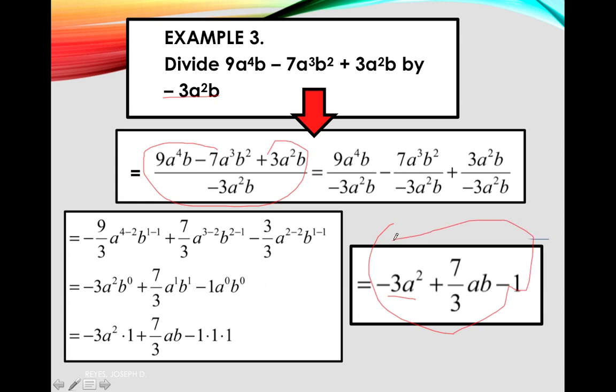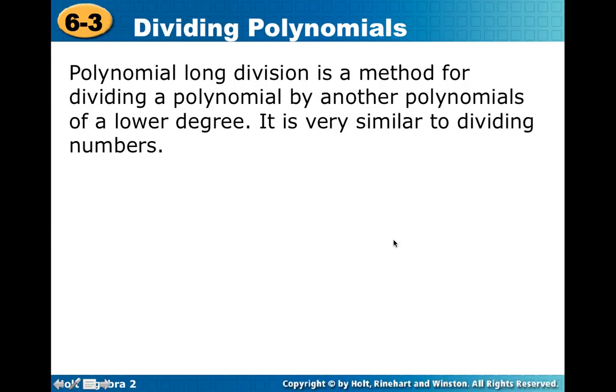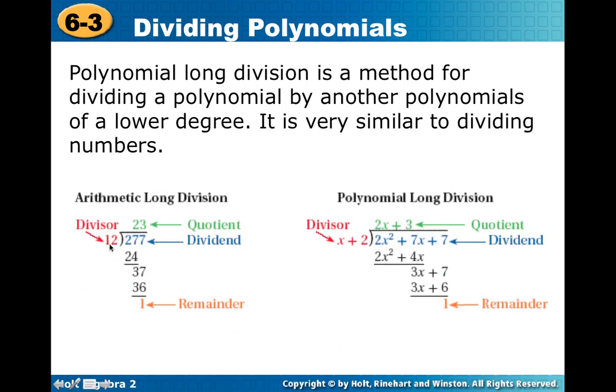Okay? Clear? Now, dividing polynomial with another polynomial. Polynomial long division is a method for dividing a polynomial by another polynomial of a lower degree. It is very similar to dividing numbers. So, parang ganito lang siya.